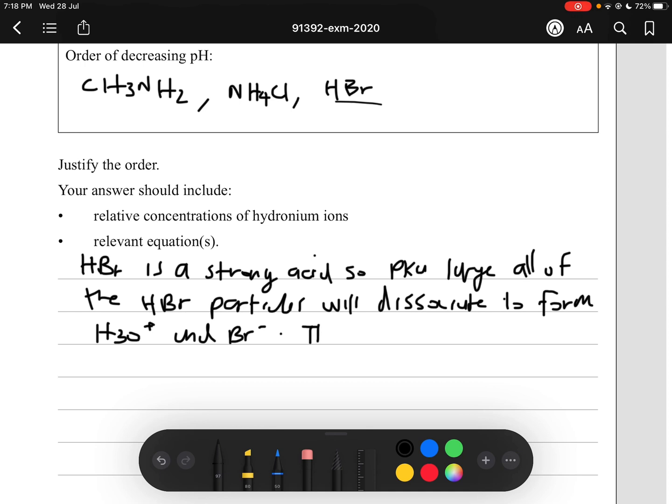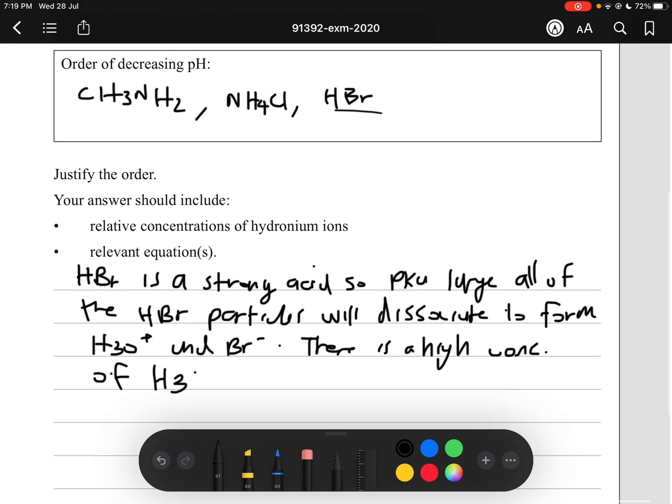So we can say that there is a high concentration of hydronium, and therefore there is a low pH.